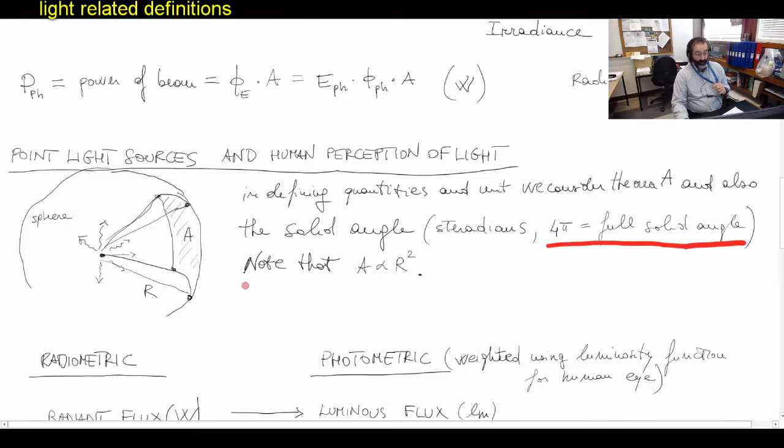Remember also that in this situation, when we have a point source, the area A on which the photons are falling is proportional to r squared, the distance between the point source and the point in space we are interested in. So this is also something to consider.